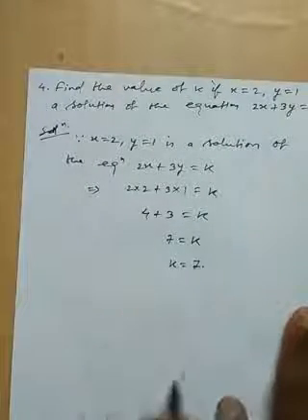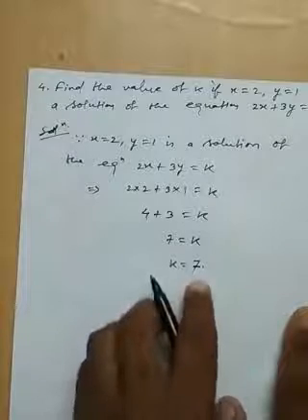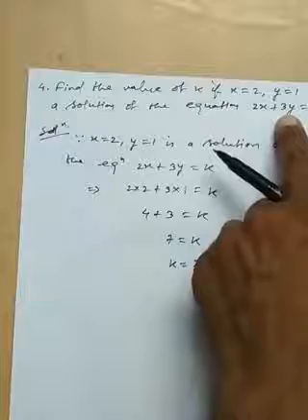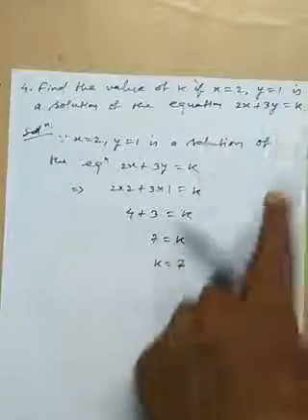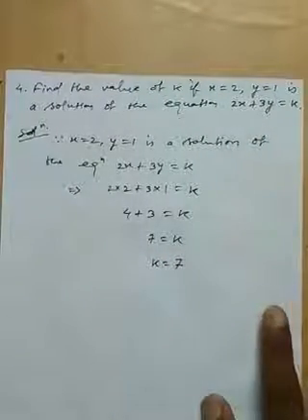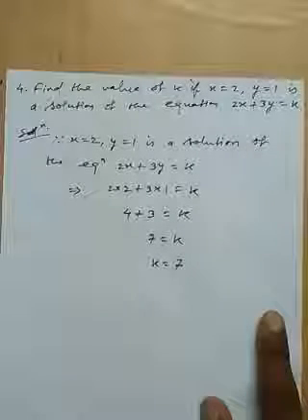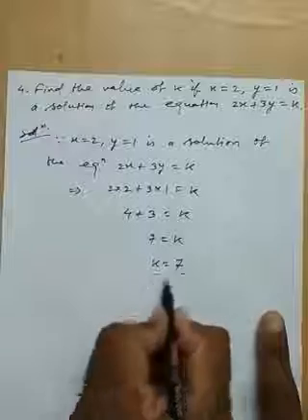So if the equation is 2x plus 3y equal to 7, then it is a solution of this equation. So the value k equal to 7 is the answer.